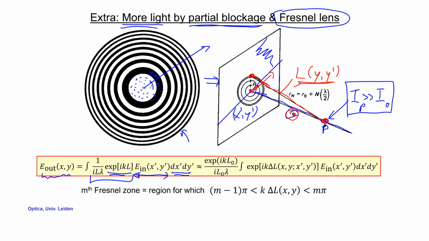If you would draw phasors, you would say, I call this the phasor of the central contribution from the center, then if I go a little bit off axis, I get contributions from points off axis which are related to longer paths, so they acquire a phase change due to this longer propagation. And then at some point I'm so far that the contributions are 180 degrees out of phase.